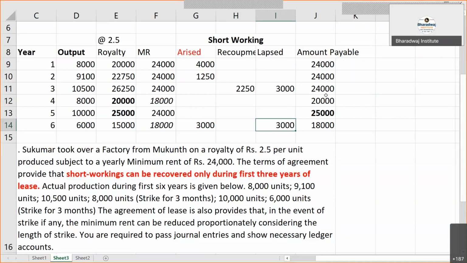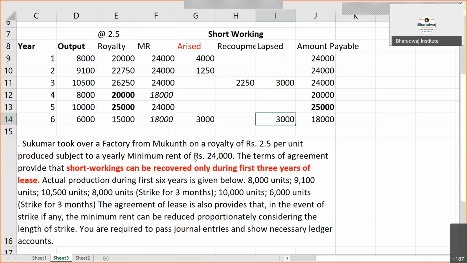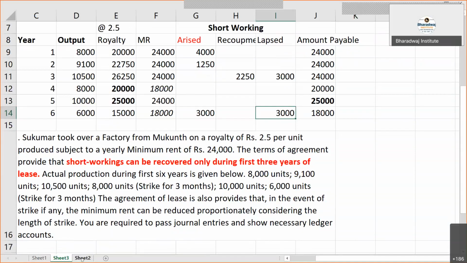See, they may ask a ledger preparation. It is very, very simple. There's a shortcut in which you can do it. Okay.